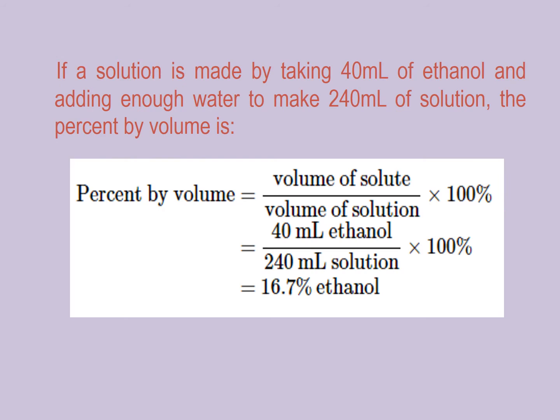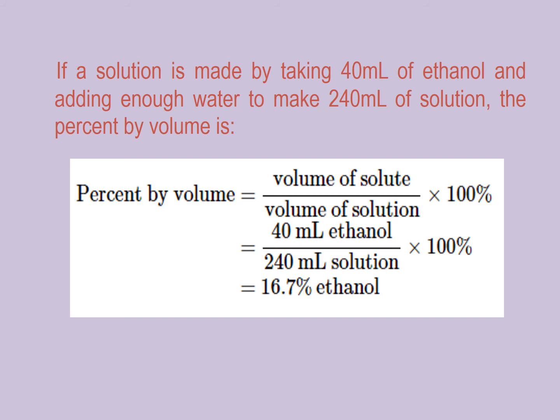If a solution is made by taking 40 ml of ethanol and adding enough water to make 240 ml of solution, the percent by volume is computed as follows. Percent by volume is equal to the volume of the solute over the volume of the solution times 100%.